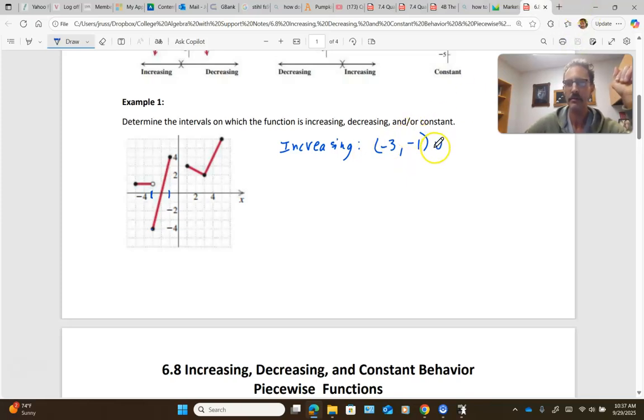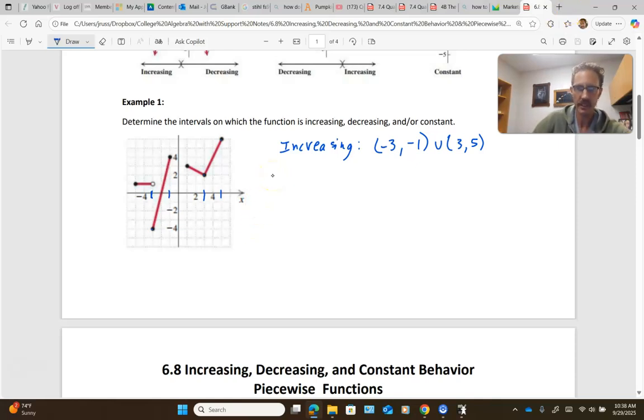Remember, in the homework, sometimes they'll have you separate these with just a comma. But this function is increasing again over this segment, and it starts at this point, whose x-coordinate is 3, and stops at this point, whose x-coordinate is 5. So from 3 to 5, it is also increasing. These are the 2 sets of values for x such that if you plug in larger and larger values of x, you're going to get larger and larger values of y.